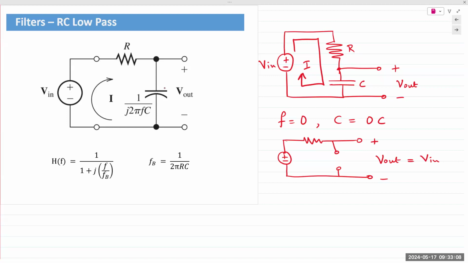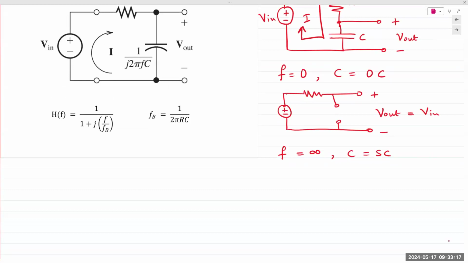That's it. When F tends towards infinity, the capacitor behaves like a short circuit. And so this time you have a resistor and the capacitor is shorting out the output terminals. What is the voltage across a short circuit wire?